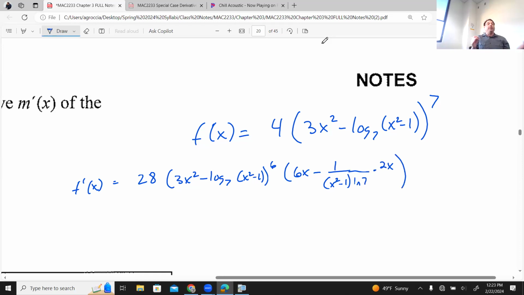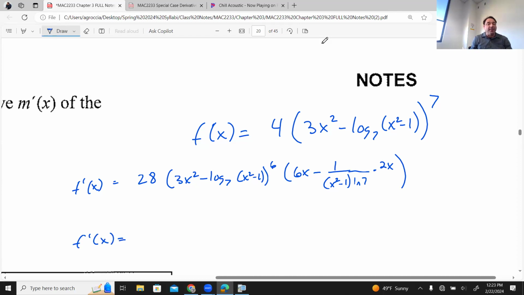Now, I agree with you completely that that looks very ugly, or some would say very beautiful, but it's still chain rule. Exponent goes to the front. Inside stays the same. Subtract 1, and then derivative of the inside. But when I had to take the derivative of the inside, there was a log in there, and I know how to take the derivative of a log. Now, the part you're a little worried about is how to clean it up.